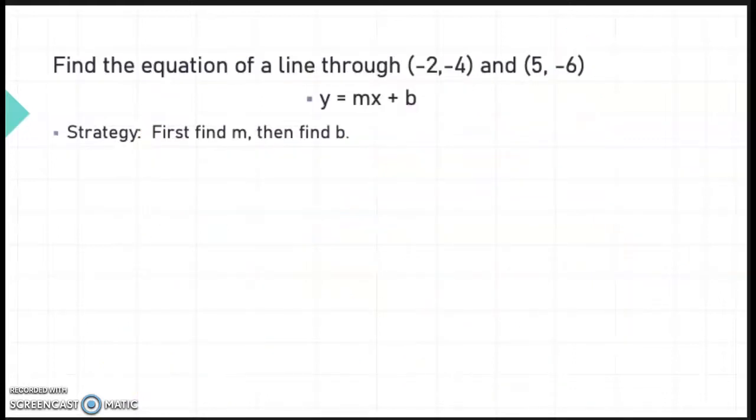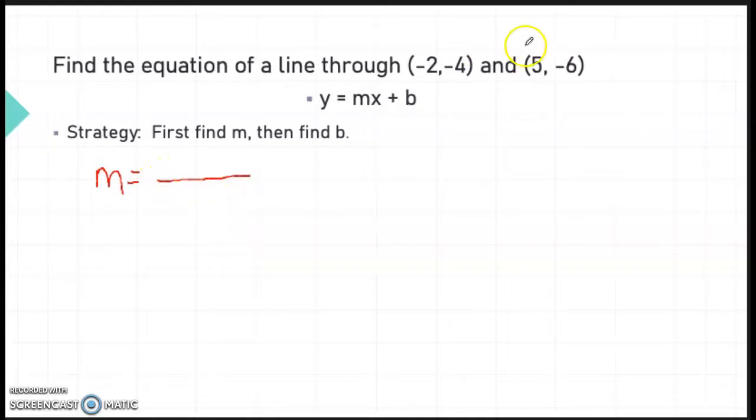Here's another example. We have 2 points, (-2, -4) and (5, -6), and we're asked to write the equation of the line. Now I know it needs to look like y equals mx plus b. My strategy: first I find m, later I'll find b. Remember that m equals y minus y over x minus x.